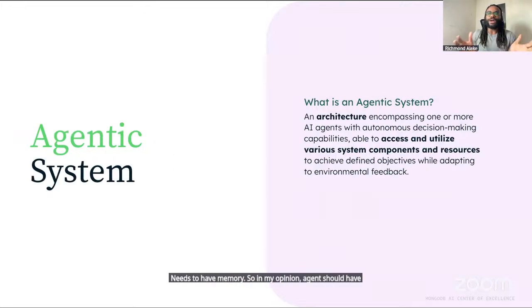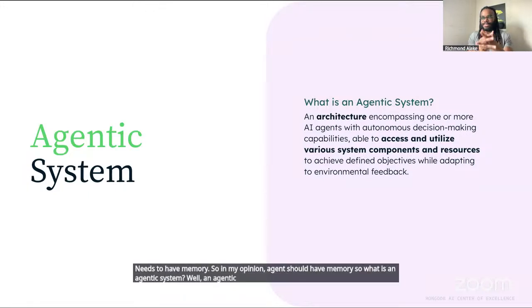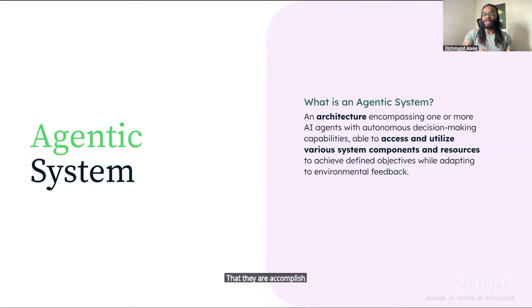So what is an agentic system? Well, an agentic system is an architecture that contains one or more agents, where the agents can access the system components and utilize them for any objective that they are accomplishing at a certain period of time. So that is what we define as an agentic system.